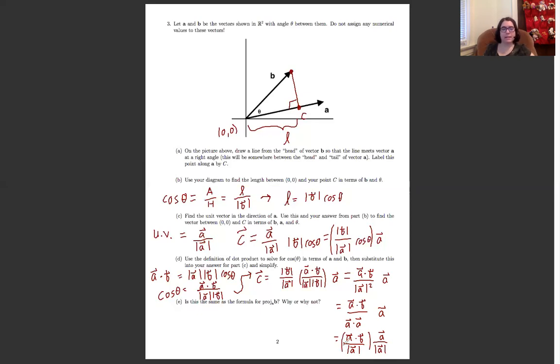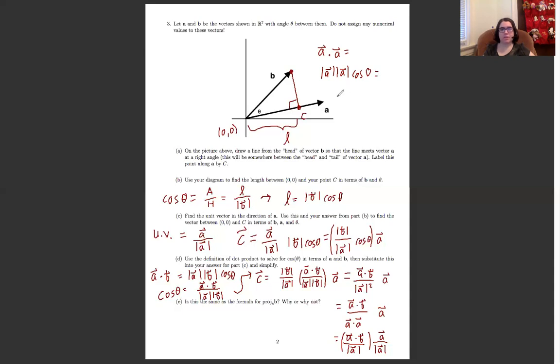So you might see it in these different ways. I'll jot down up here, talk real quick about why A dot A is the same as magnitude A squared. Again, by the definition of dot product, A dot A is equal to the magnitude of A times the magnitude of A times the cosine of the angle between A and A. The angle between A and A is 0, they're identical.